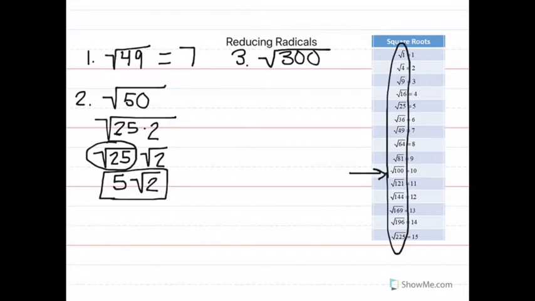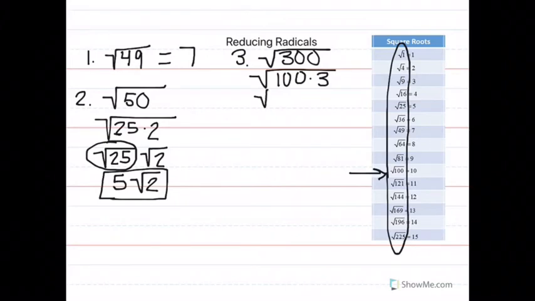Hopefully you quickly saw that 100 is a factor of 300. So I'm going to rewrite square root of 300 as square root of 100 times 3, because 100 times 3 is 300.